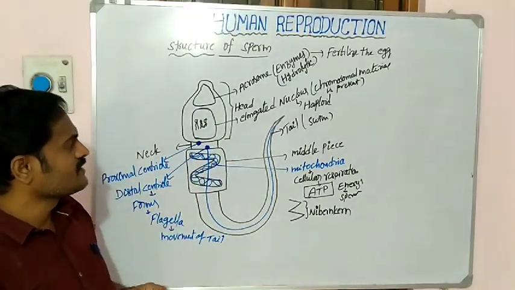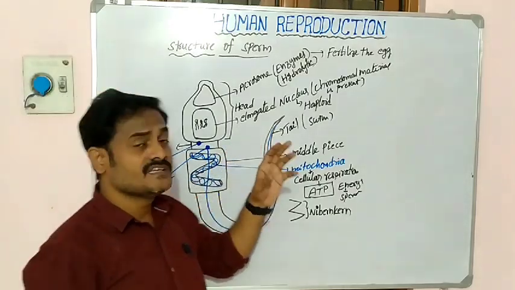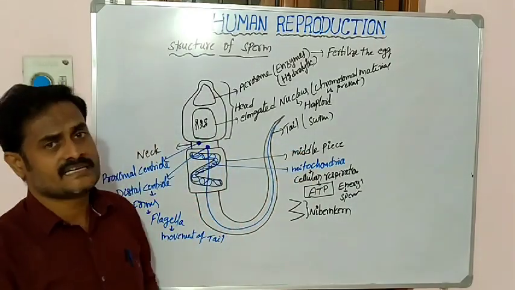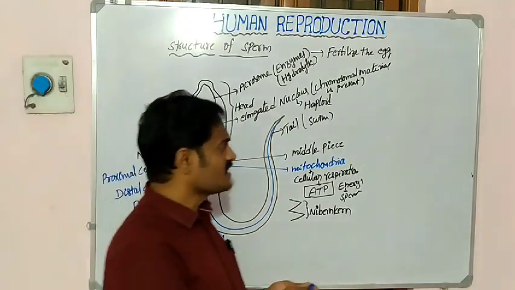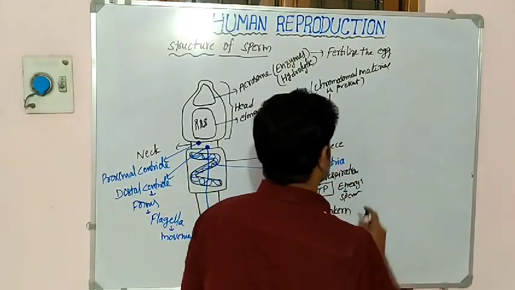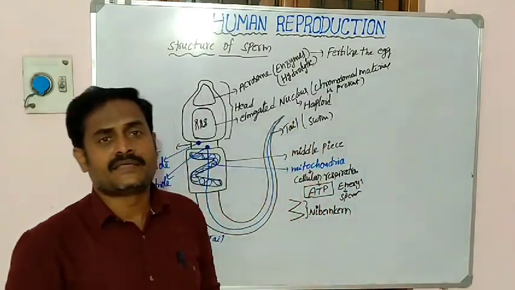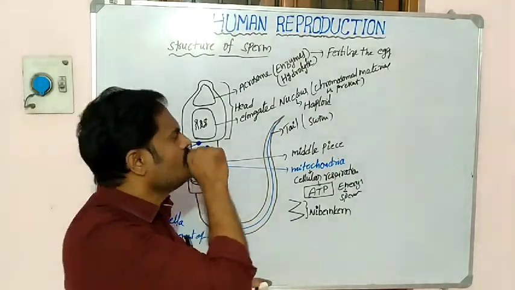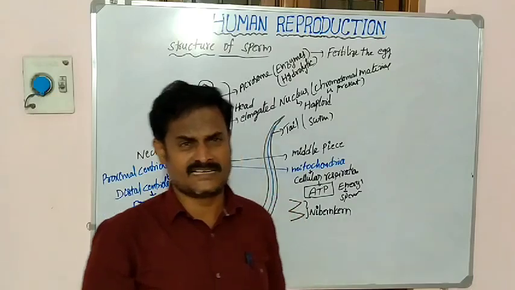Okay, you have to remember one thing. The male reproductive system has important glands present. What are the glands? Already you know very well: seminal vesicles, prostate gland and also bulbourethral glands.